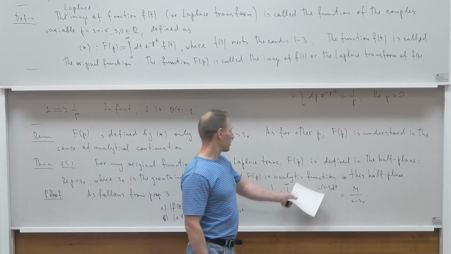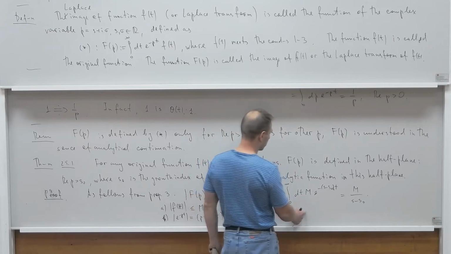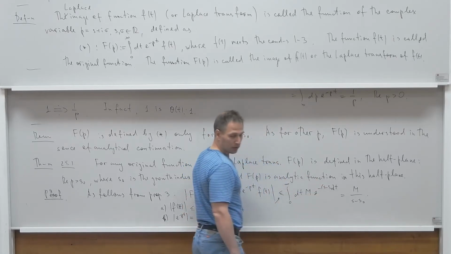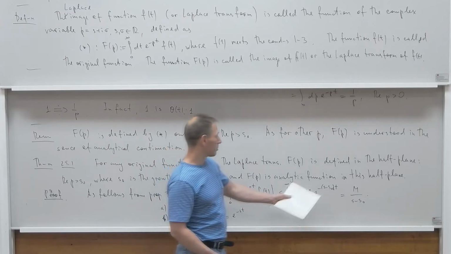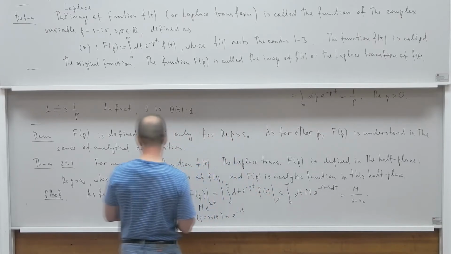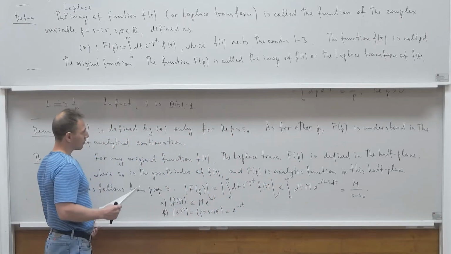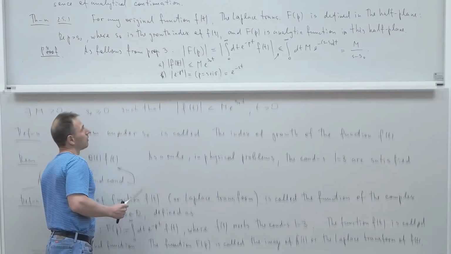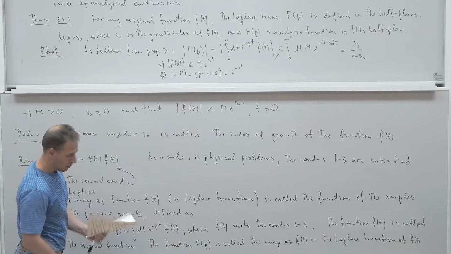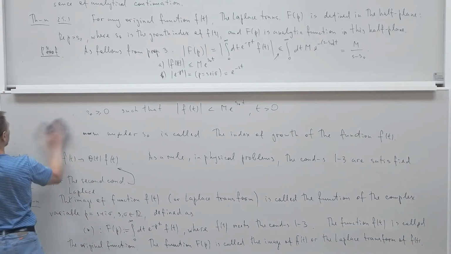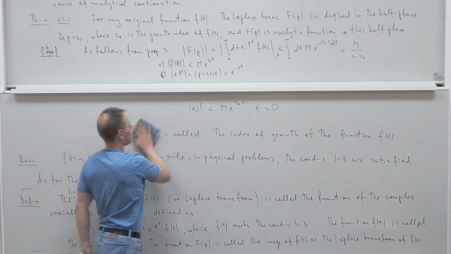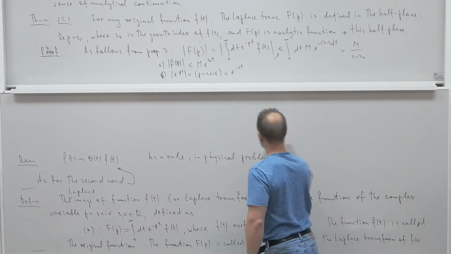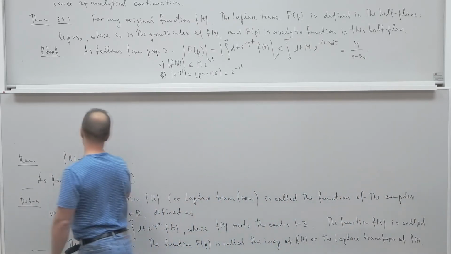Then we obtain such an expression, and this constant can be removed from the integral, and the integral is evaluated, and we obtain such an estimate. Thus we see that in the half plane real part of p greater than S0, the integral defining the Laplace transform is absolutely convergent.